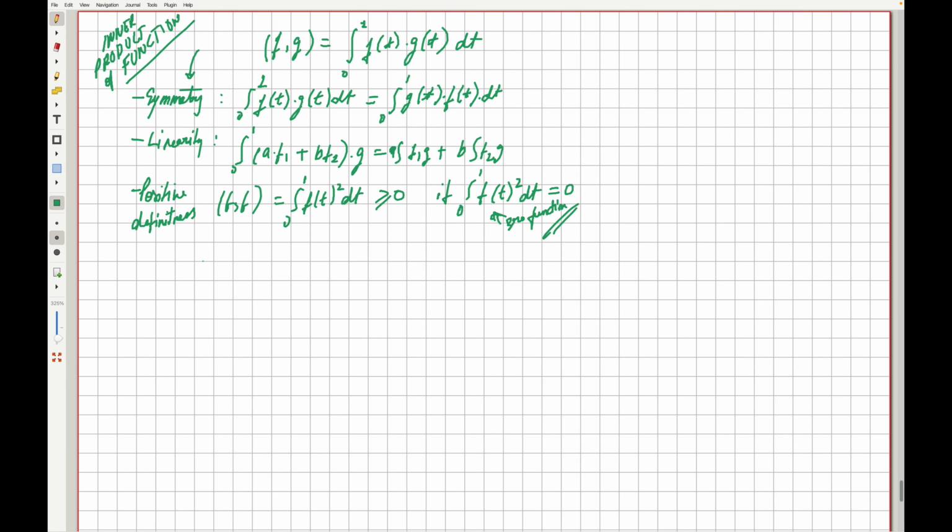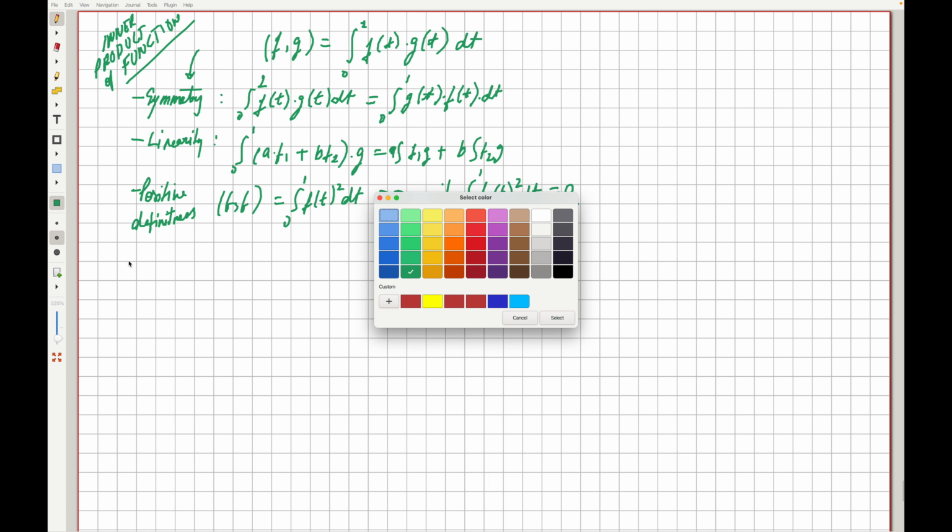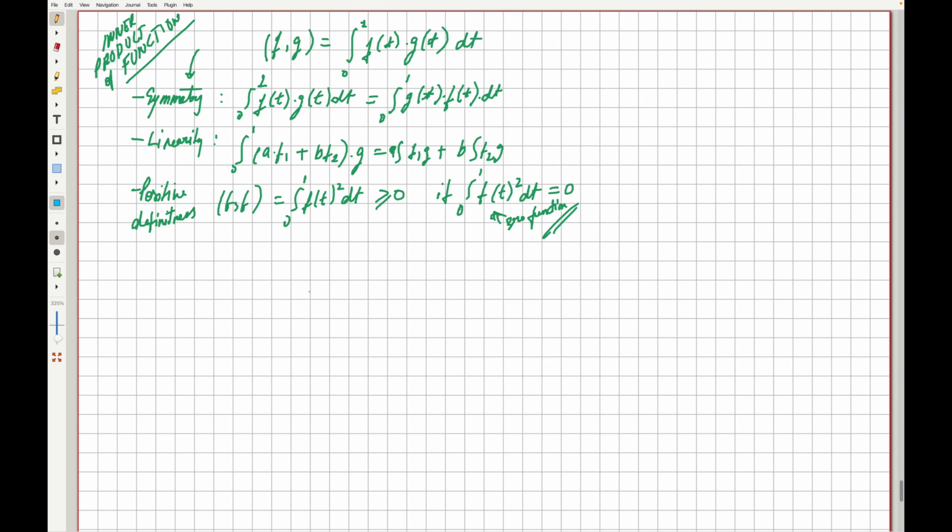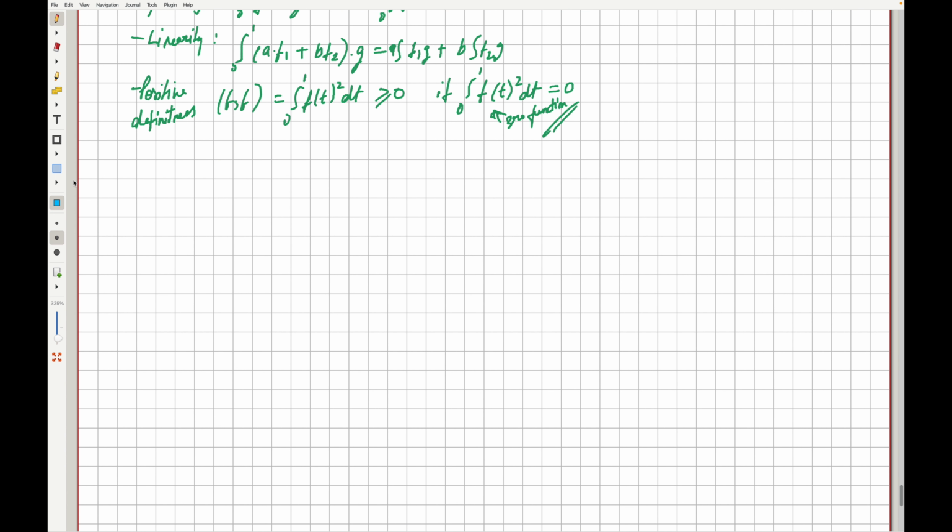Let's try to look at some examples now. Let's say we have a function f of t that is equal to just t, and another function g of t which is t squared, and we are going to look at this on the range 0 to 1.